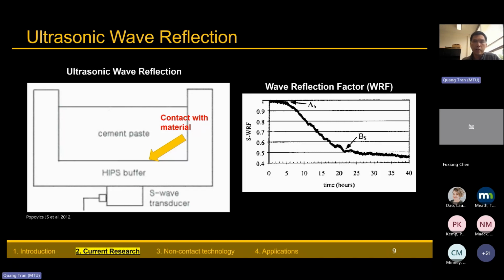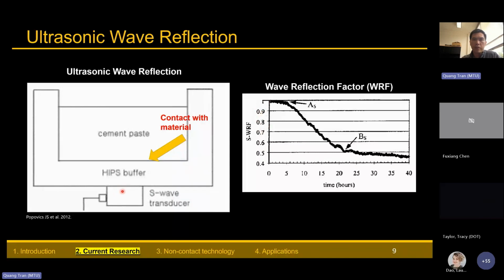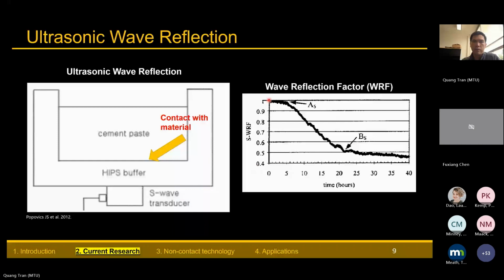That's why, when you see the curve on the right here, initially the energy that reflects back is pretty high, because there's not much bonding between the cement paste and the buffer.